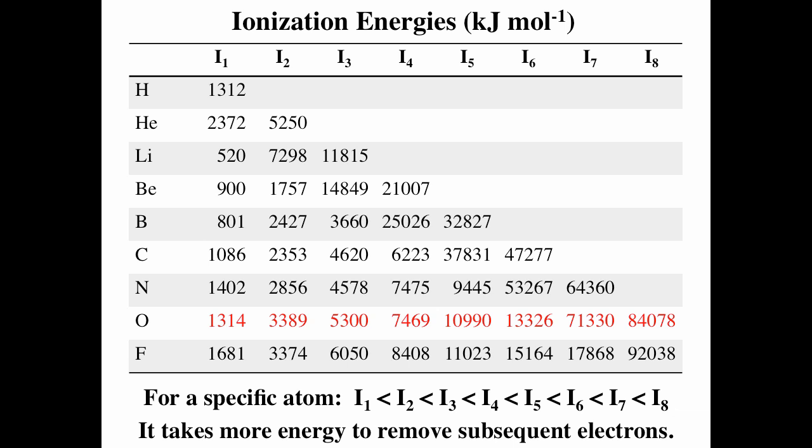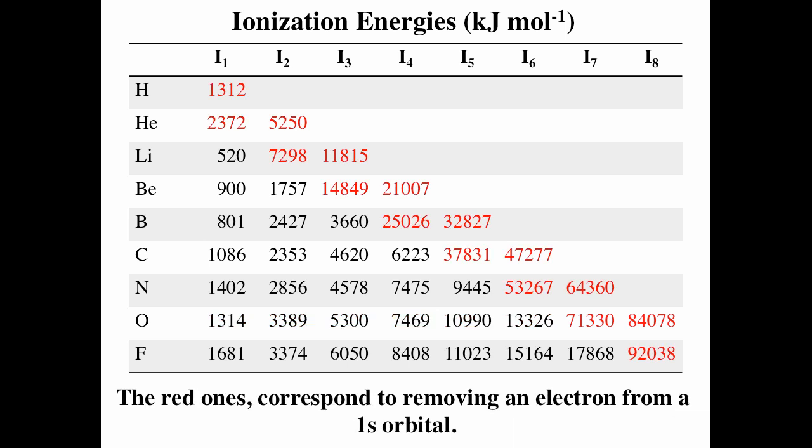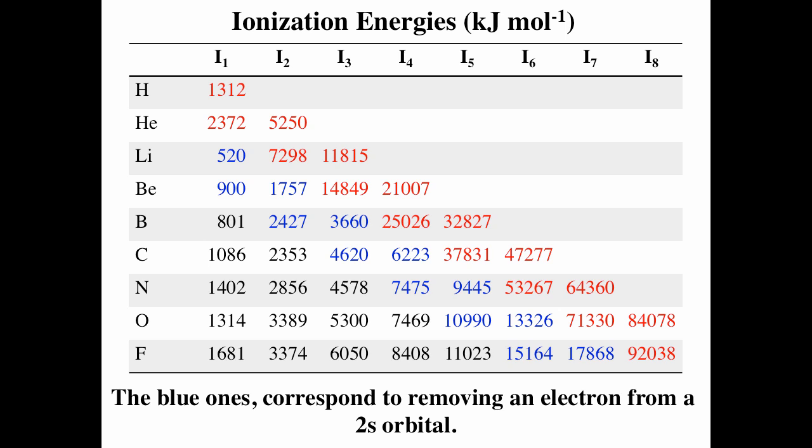It's also kind of interesting. The ones in red here are the ionization to remove an electron from the 1s orbital. And so notice that those dramatically increase as you have more protons in the nucleus because you have a stronger electrostatic attraction. The ones in blue correspond to removing the electron from a 2s orbital. And again, notice that they increase as you go to more protons.